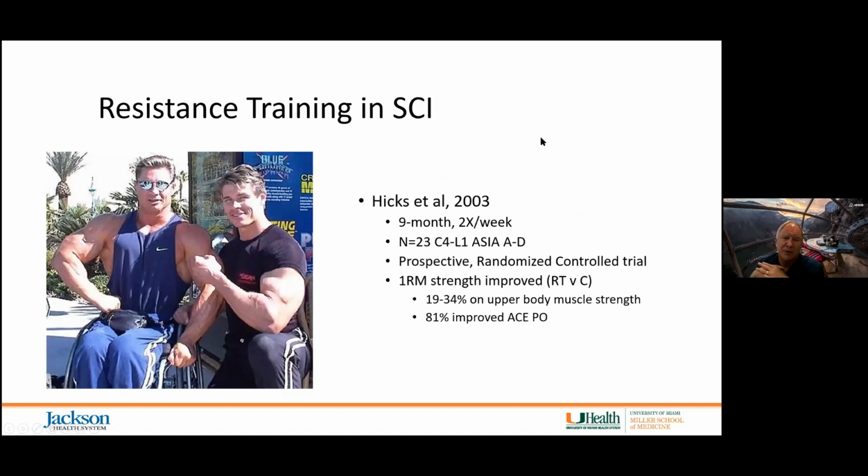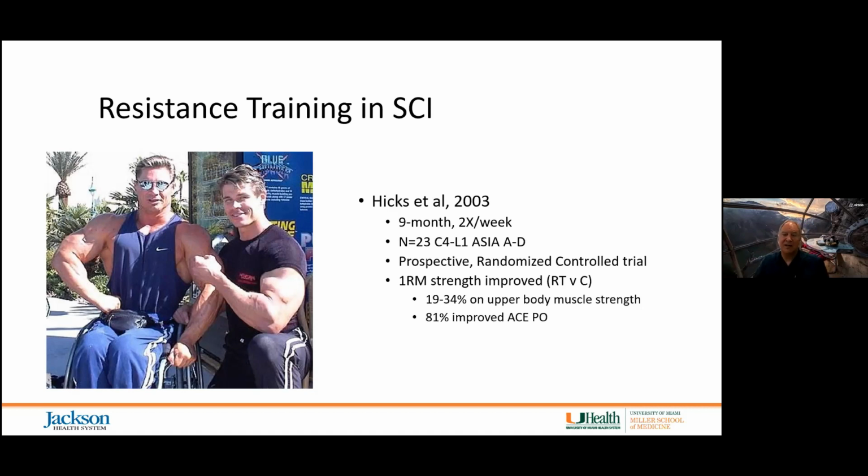Hicks reported out, these are Canadian colleagues up in the Great White North, in 2003, 9 months of exercises twice a week in 23 individuals, so almost 24, with injury levels between C4 to L1, Asia Impairment Scale A all the way to D. So you can see there was a very heterogeneous group here.